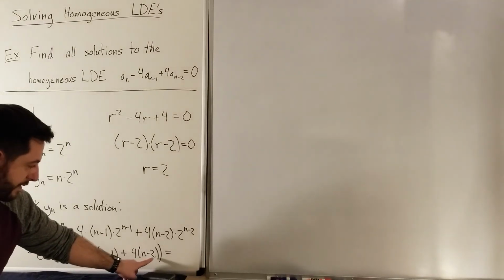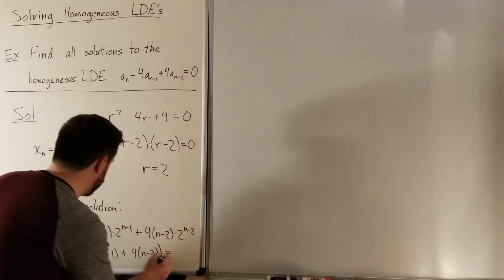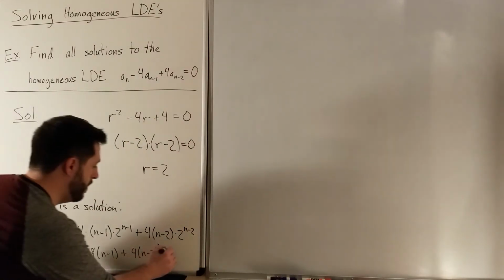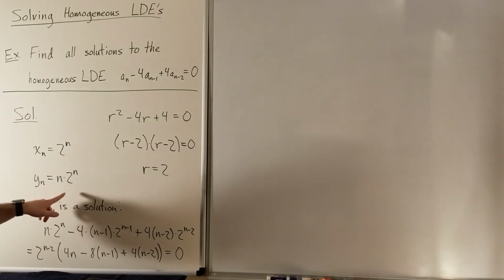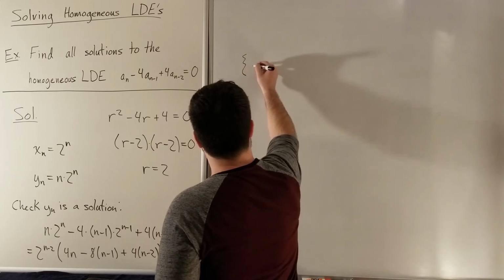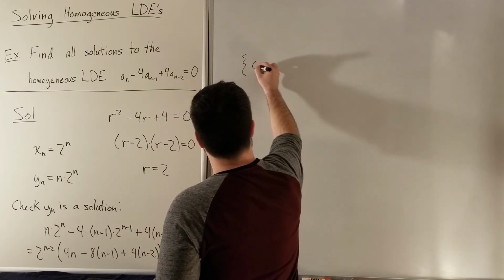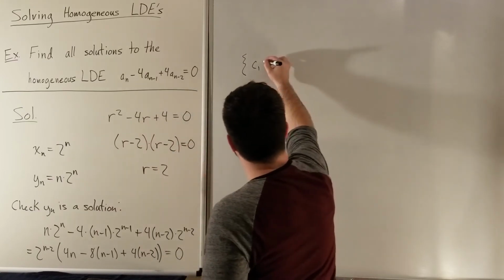And I have 4 times negative 2, which is negative 8. So the constants go away as well. So the whole thing is something times 0, which is 0. Therefore, y_n is a solution. So our solution set looks like this. It's the set of linear combinations of these two solutions.